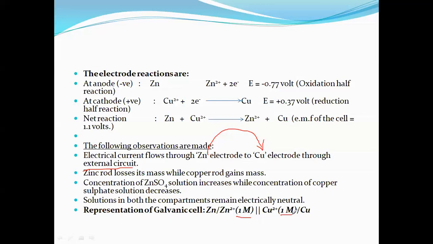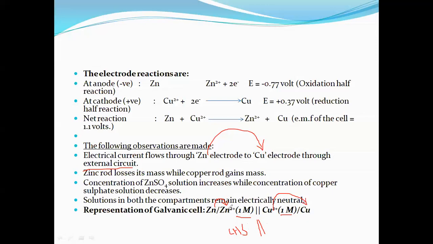How can we represent an electrochemical cell? It can be represented like this. This is the salt bridge notation. Left hand side, oxidation reaction. Oxidation number increases, oxidation. Oxidation number decreases, reduction. Simple.